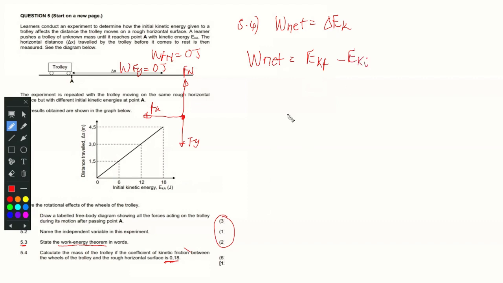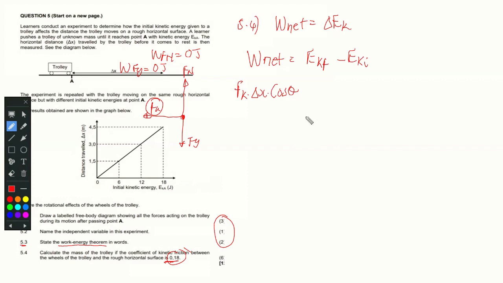Our W net will only be represented by Fk, so this will be Fk, delta x and cos theta. But we are given a coefficient here of 0.18, which means we must calculate Fk on our own.